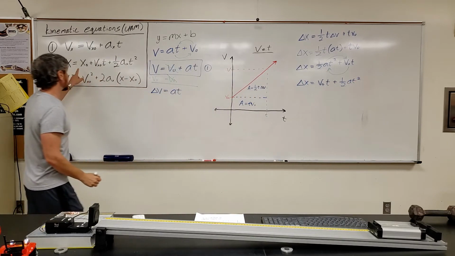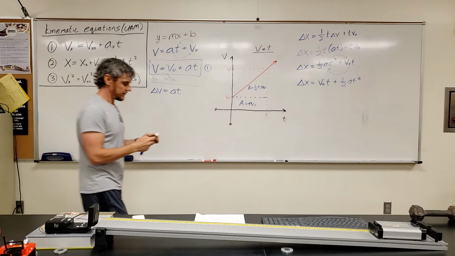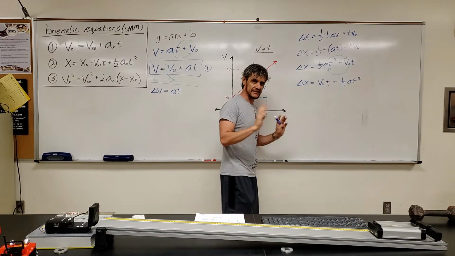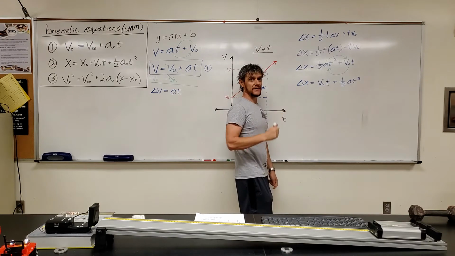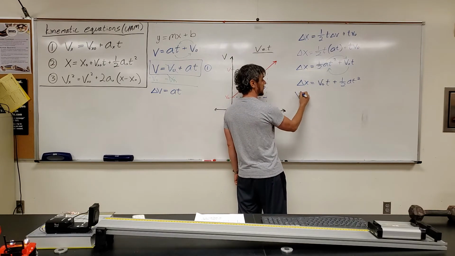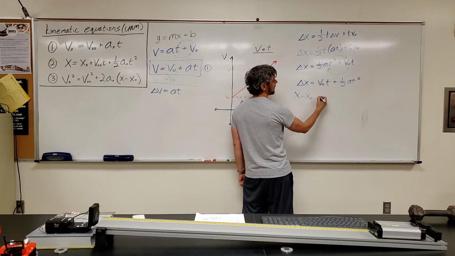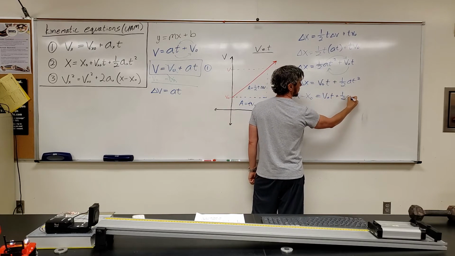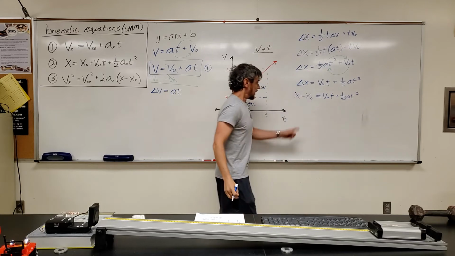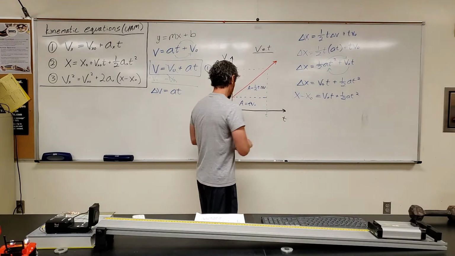Doesn't look exactly like kinematic equation number 2 quite yet, but realize delta anything is final minus initial. So delta x is x final minus x initial, or final position minus initial position. And that equals the right side, which I will leave untouched. And then I can just add the initial position to both sides.